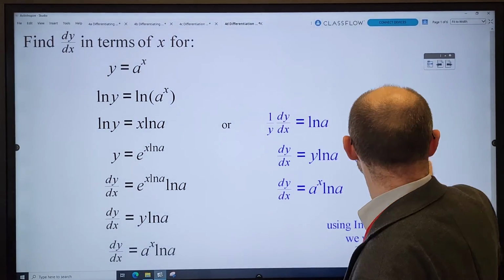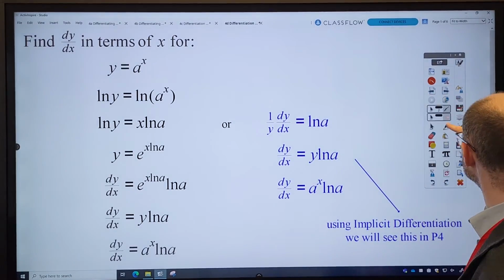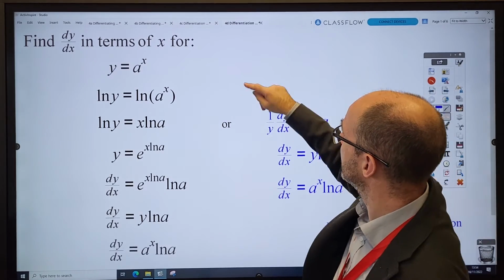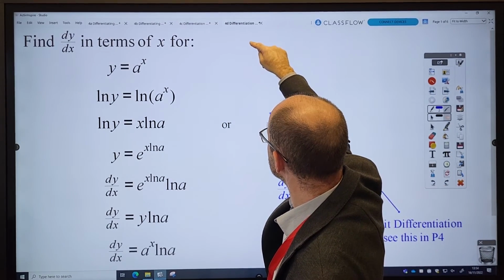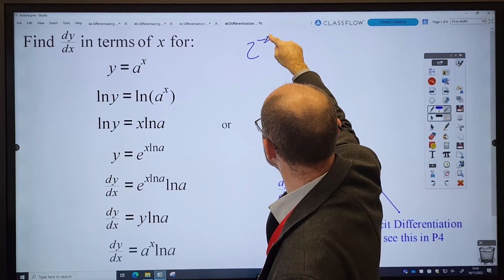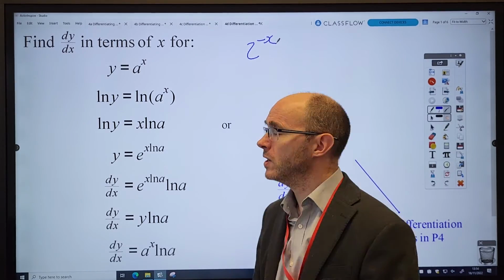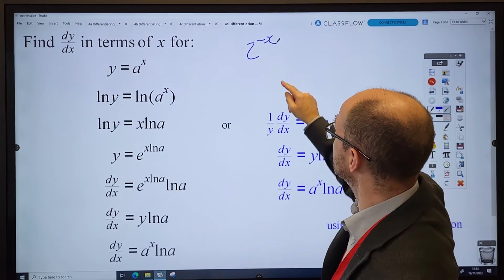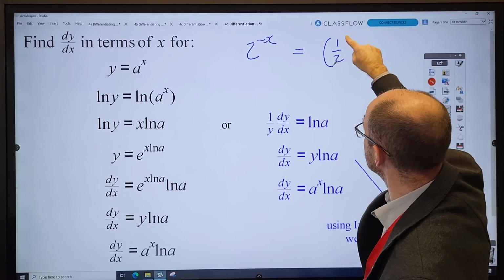All right. Maybe before I go, before I say bye-bye, I just think of this one, because this seems to catch students out all the time. How would you, for example, differentiate this, 2 to the negative x? Because you might think, oh, he's not actually given us an example like this before. It's quite simple. What you do is you rewrite it as (1/2) to the power of x.